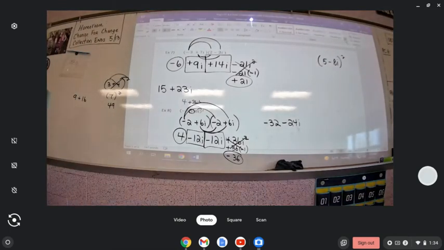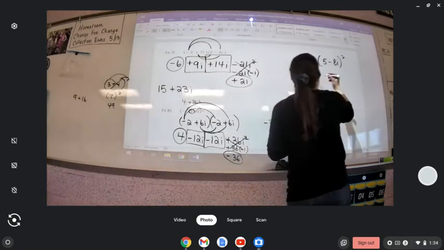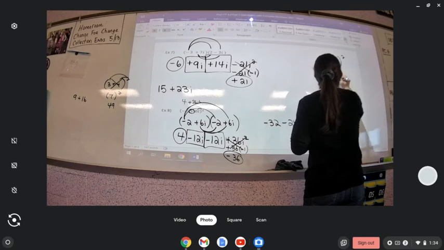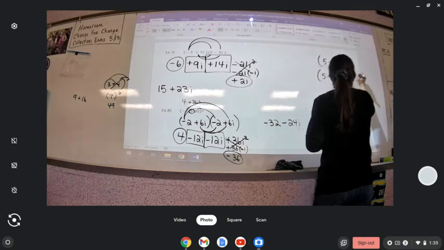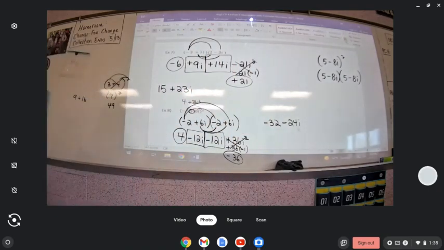But this is what your homework's going to be on. Nice, quick adding, multiplying, subtracting, like terms. Write it twice and just multiply that out.